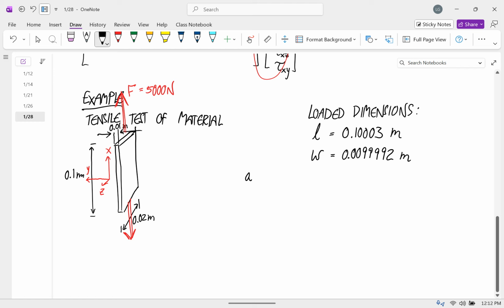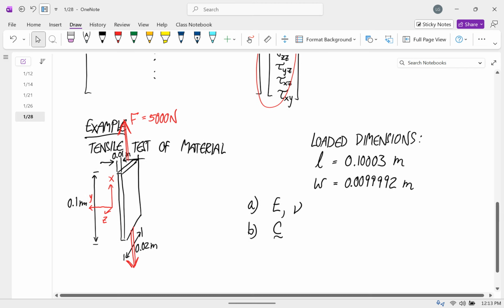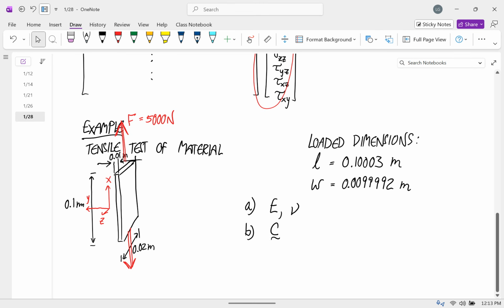And we want to first figure out the Young's modulus and the Poisson's ratio. Then we want to calculate the compliance matrix. And then we'll keep using this example after that.